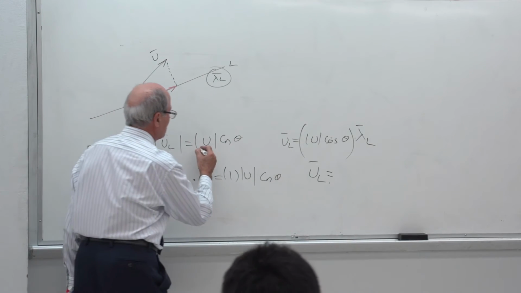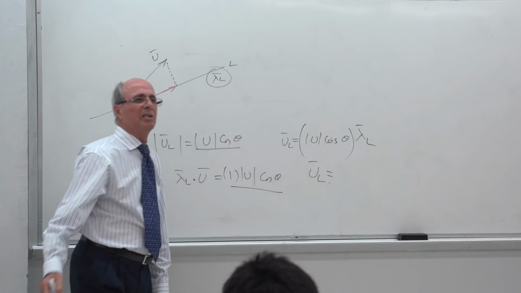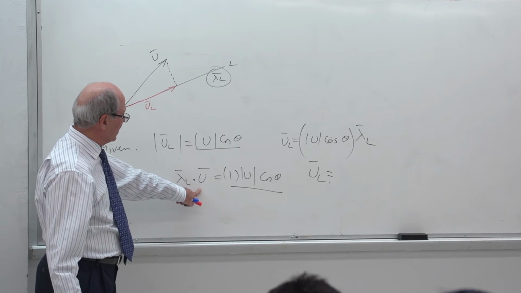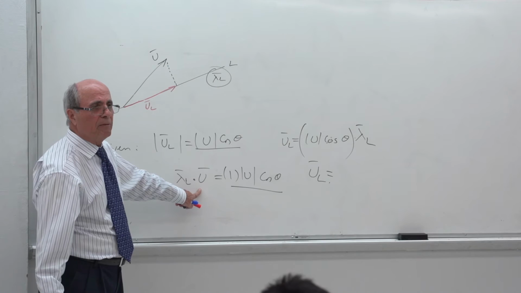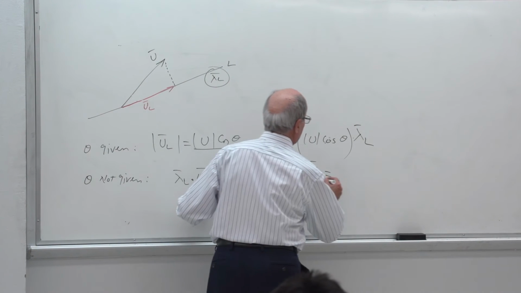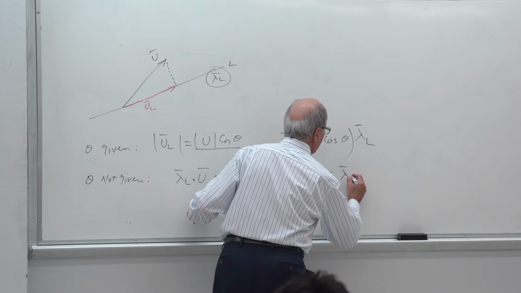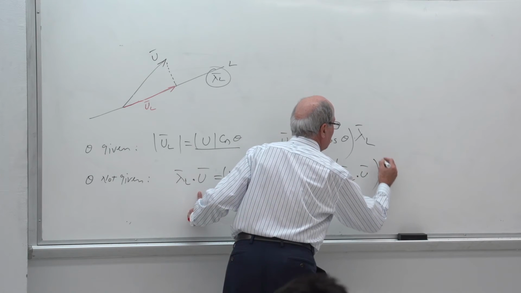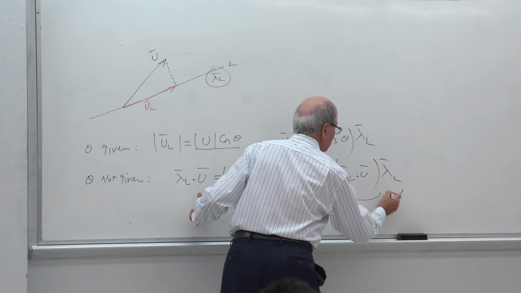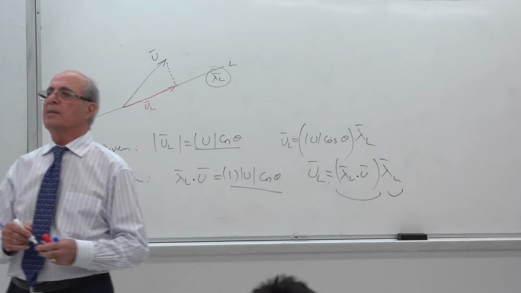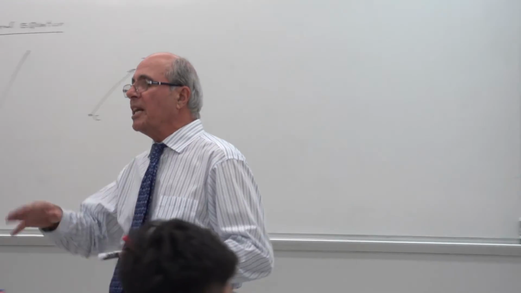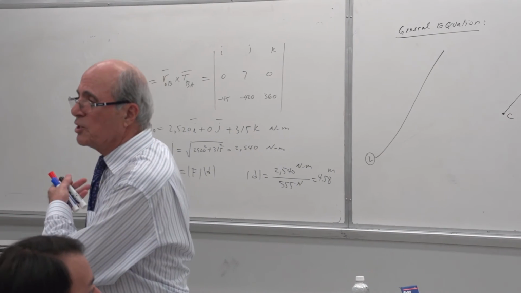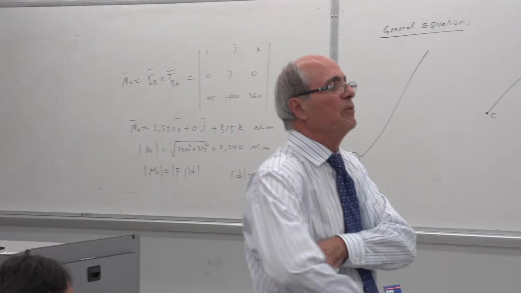Everybody see this quantity and this quantity are exactly the same. In other words, the magnitude is lambda L dot product with U. So UL becomes lambda L dot U, which is its magnitude, and its direction is lambda L. So we eliminated theta from the format by using a dot product, which I used earlier. You all agree that's the way you want to use it.